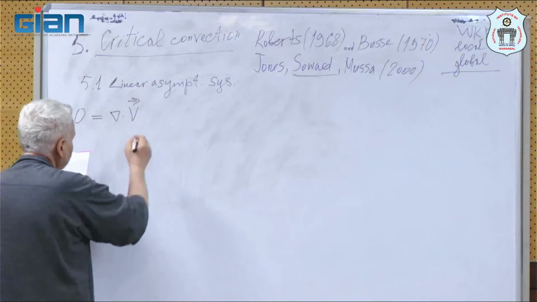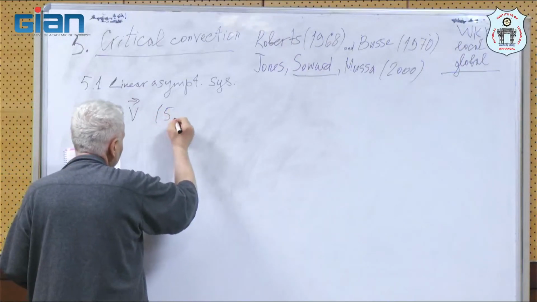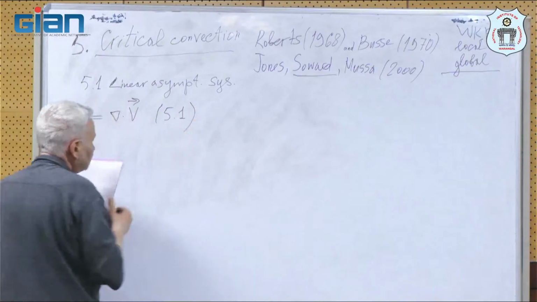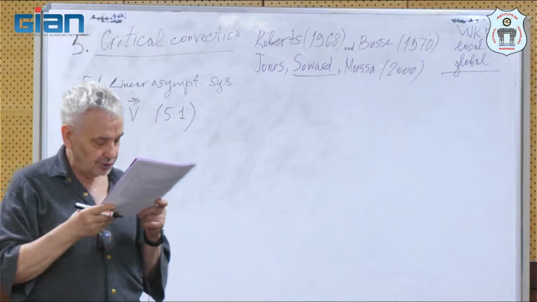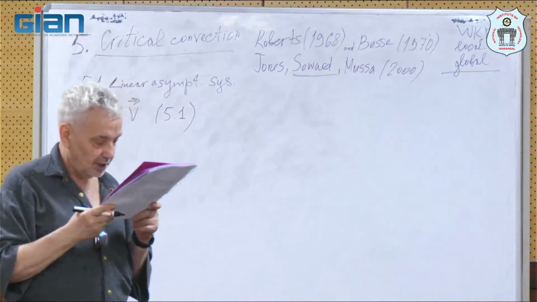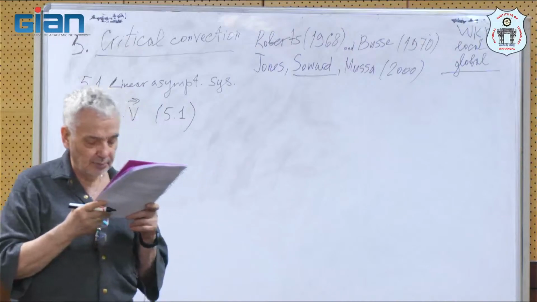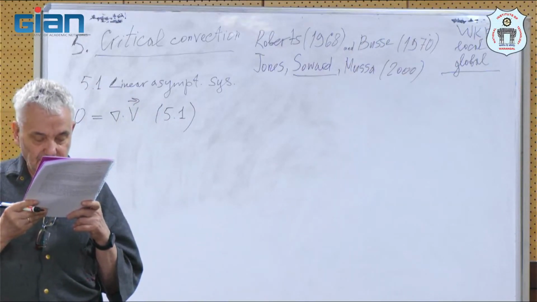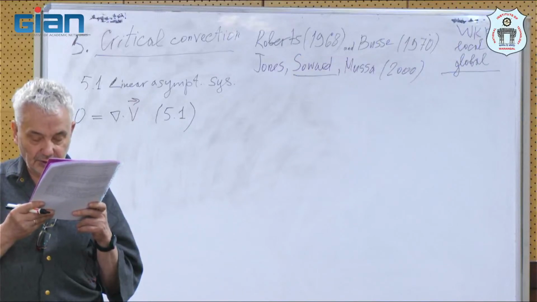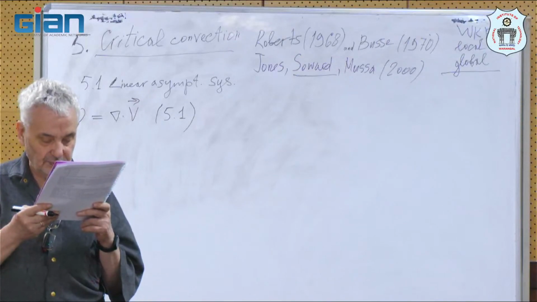And this constitutes the first equation in this chapter. This is, of course, a very simple condition, but nevertheless it allows one to reach some results. And the second Boussinesq assumption can be expressed in the form of the requirement that the heat energy variations are mainly due to the temperature variation.